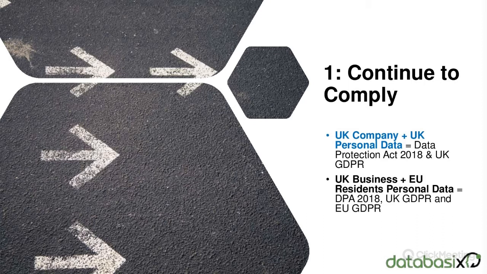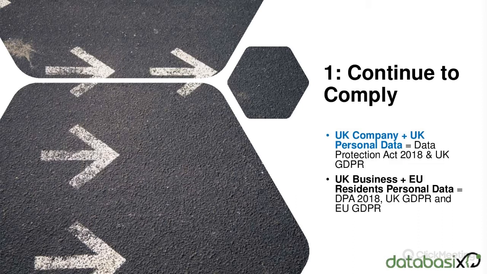Now, I imagine that's going to be not a large number of companies. So if you are a UK-based business with EU residents' personal data, now this may be your staff, this may be your clients, this may be suppliers, you will be required to adhere to 3 data protection regimes. It will be the UK Data Protection Act, it will be the UK version of the GDPR, and the European version of the GDPR.